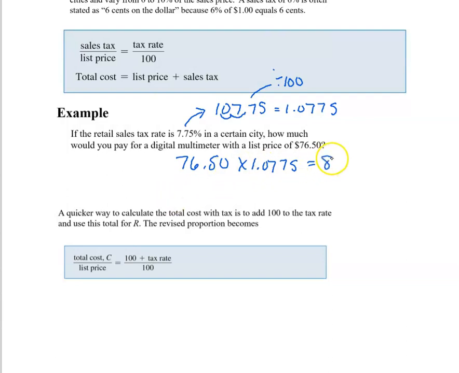Okay, and that's going to be $82.42875. So remember that we're talking about money, so we always round up. So $82.43. So this is what they were saying. It's a quicker way to do it, and this is the formula that they're using that's similar to what I just did.